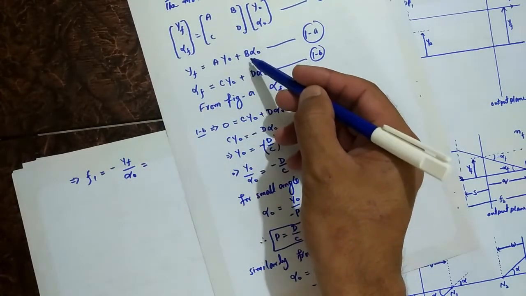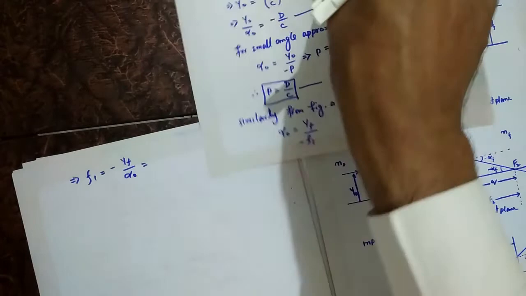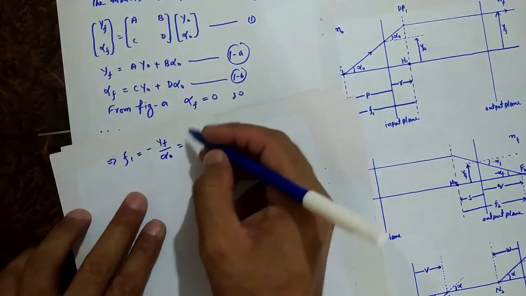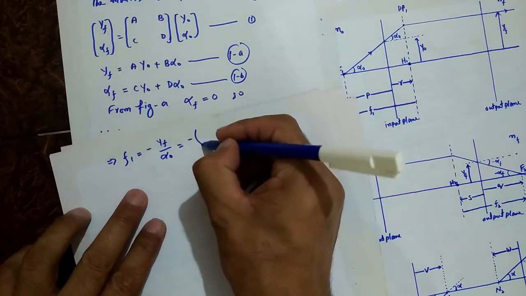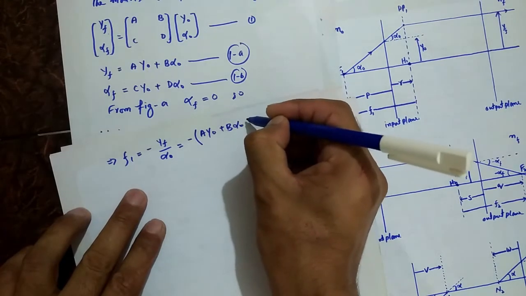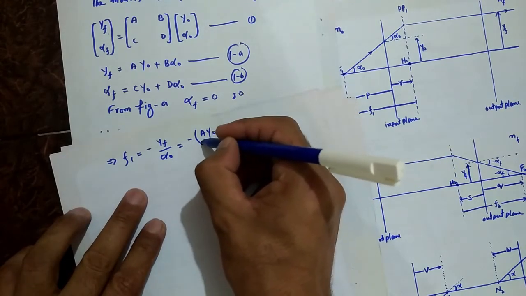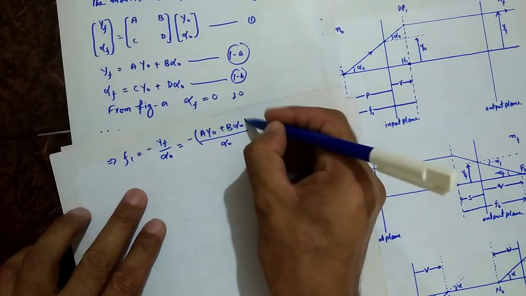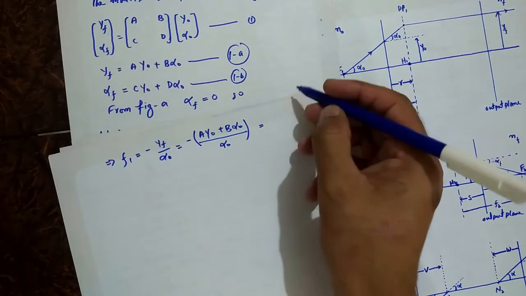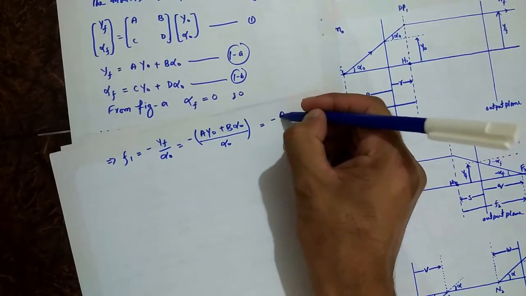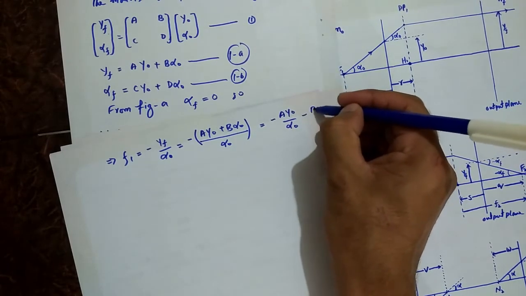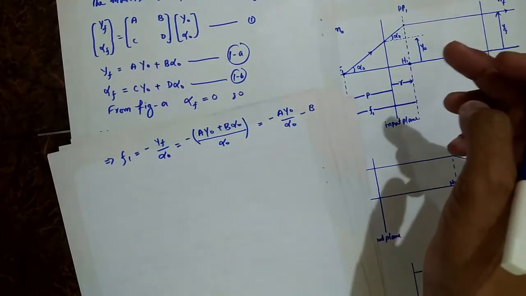Yf is a y naught plus b alpha naught. Therefore, using equation 1a, it will be minus a y naught plus b alpha naught, divided by alpha naught. Clear? Or this will be equal to minus a y naught over alpha naught minus b, because alpha and alpha will be cancelled.